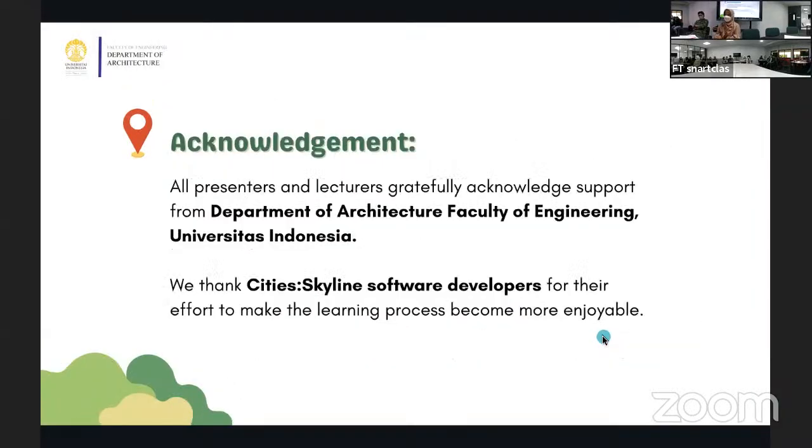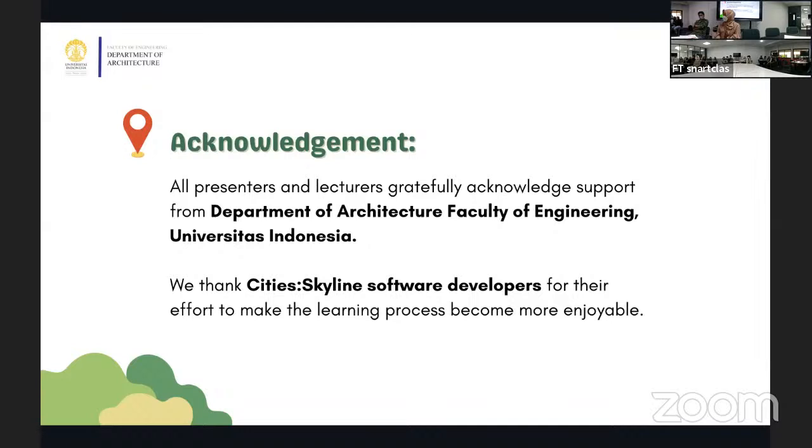That's why we would like to thank Cities Skylines, the game provider, because they provide these games, and we tried to combine them with our curriculum in education. I hope that instead of just enjoying the game, you also enjoy the process of learning about sustainability, how we deal with the city now, in the future, and for your next generation.